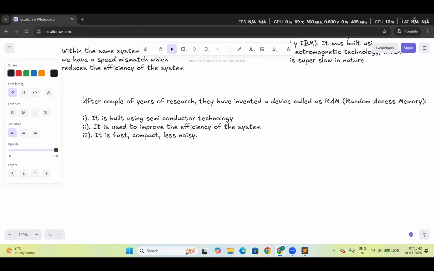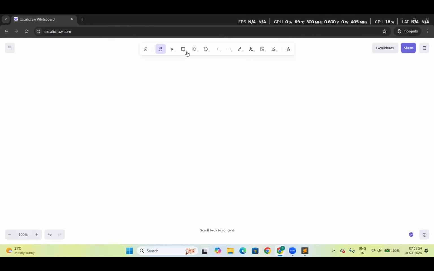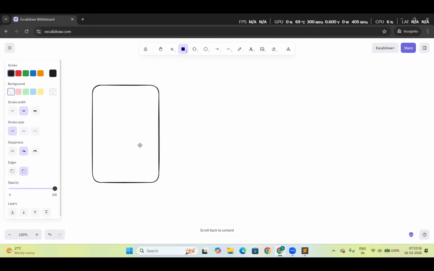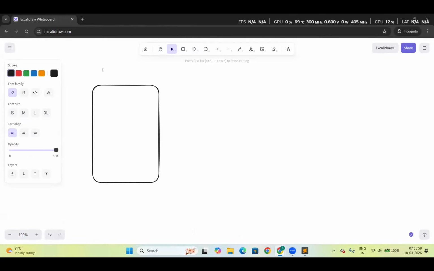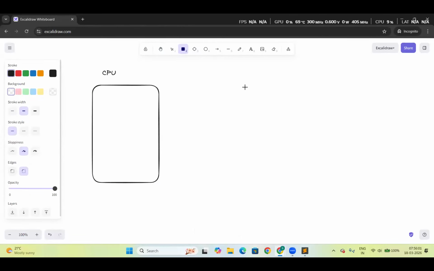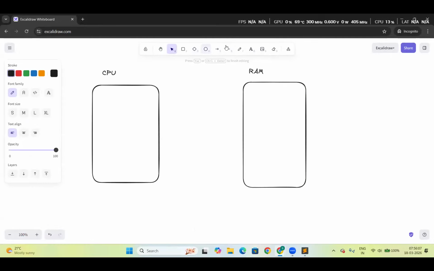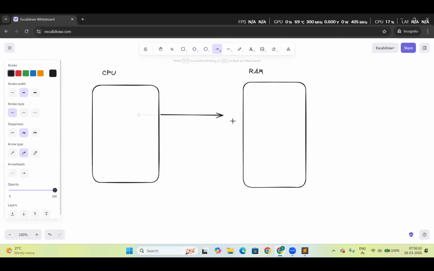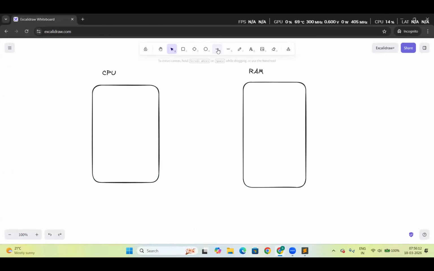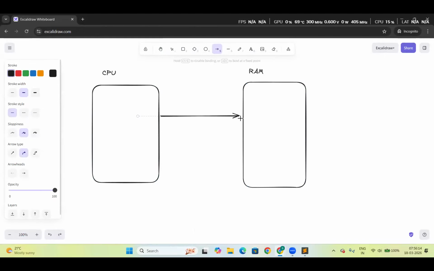Now what is happening here? Instead of maintaining the data in the hard disk, the team has decided: I have a CPU, now I have a RAM, now I have a bus technology. Both are built using semiconductors. That means both will be fast.